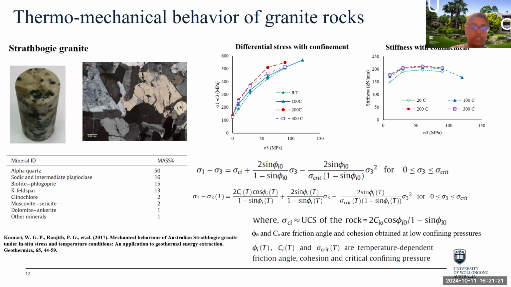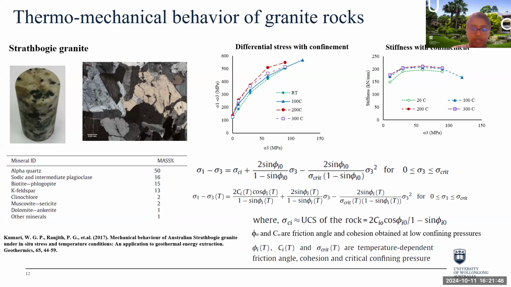The effect of temperature was another important aspect we considered. Based on these results, we observed temperature causes a strength reduction after a certain temperature. For example, in this selected granite type, the temperature-dependent strength reduction was initiated beyond 200 degrees.